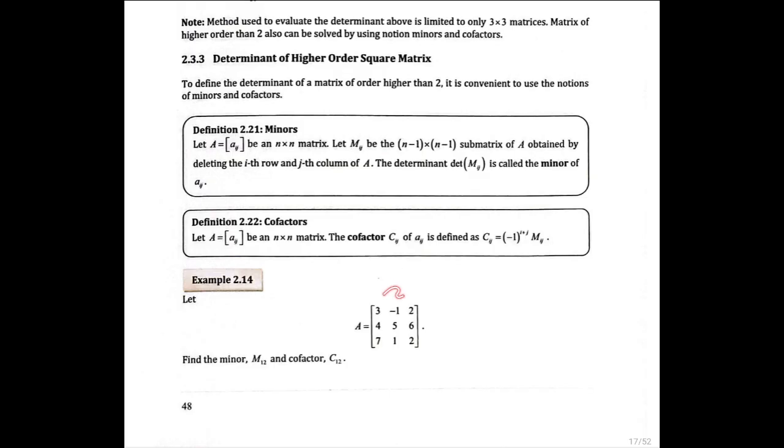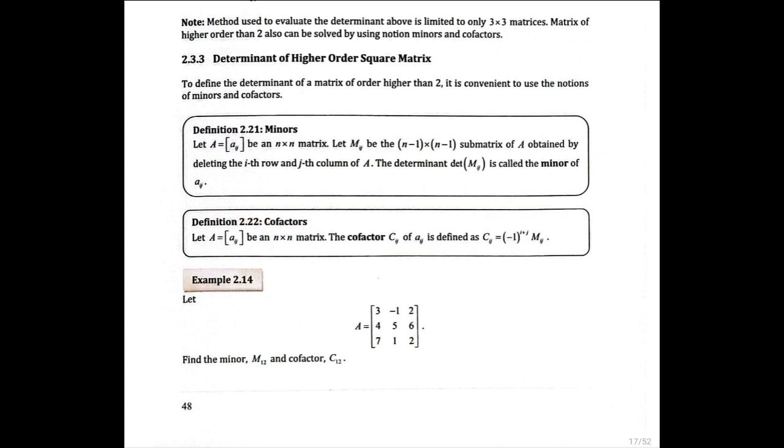Right? If we remove, let's say, this column and this row, the one that is left is called its minor. And when we give each minor a sign, whether positive or negative based on its position, that is called a cofactor.